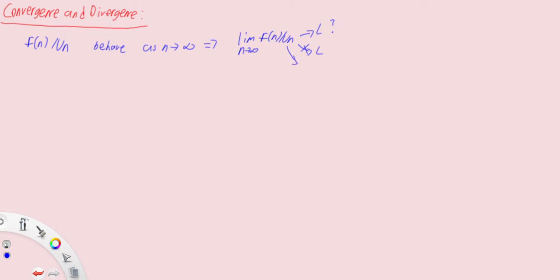Or in some cases, we have two limits, but it's oscillating. For example, let's say you have sine of 3 pi over 2 n. You notice that this value is either 1 or minus 1. So in this case, it's neither diverging nor converging. But if you look at the first two, which is actually what we are interested in: if there is a limit, then this would be converging.